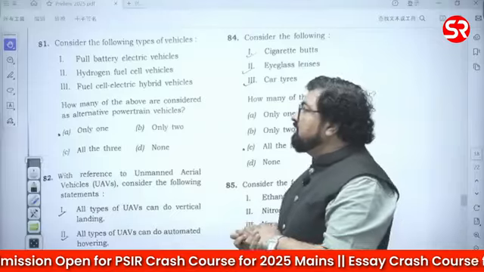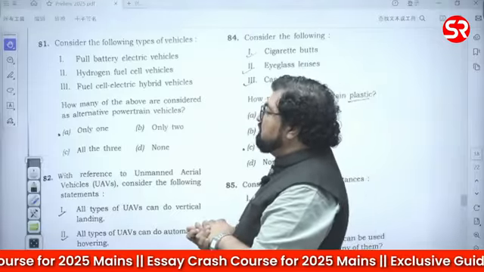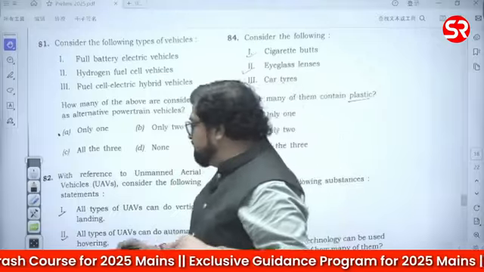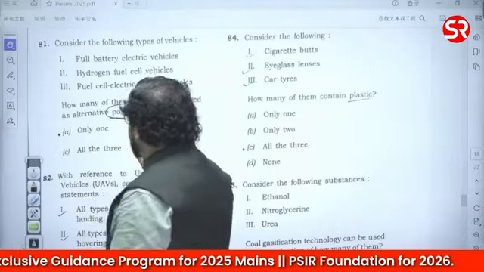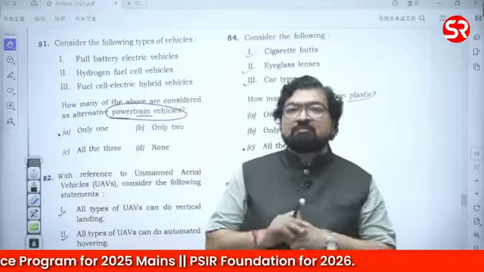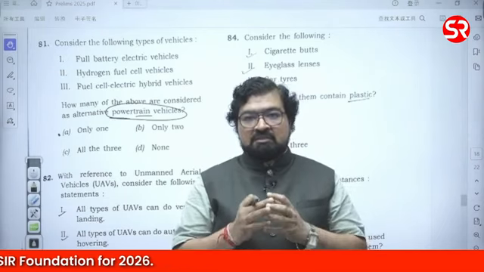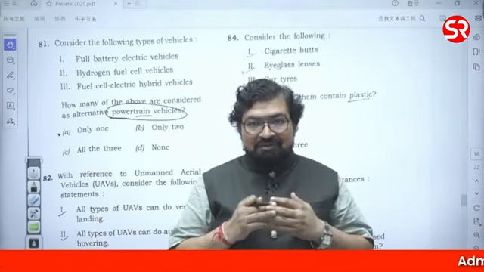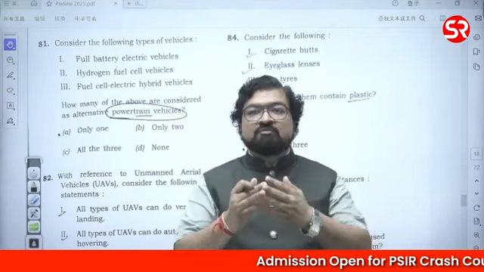So if you look at full battery electric vehicles, hydrogen fuel cell vehicles, fuel cell electric hybrid vehicles, how many of the above are considered as alternative powertrain vehicles? You should not get confused by the word train here. Powertrain actually means a mechanical system which provides thrust to make the vehicles move.